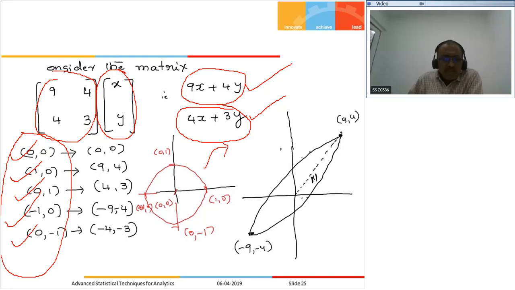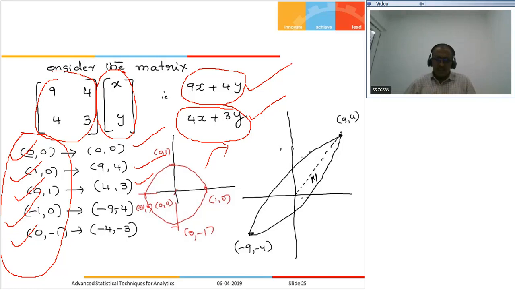Then what happens here is my 0, 0, if I substitute, then it becomes 0, 0. If I take x equal to 1 and y equal to 0, this becomes 9, 4. Similarly 4, 3 like this. That means this circle which I have taken is becoming some kind of ellipse here. Right? So what we are doing, we are scaling it.